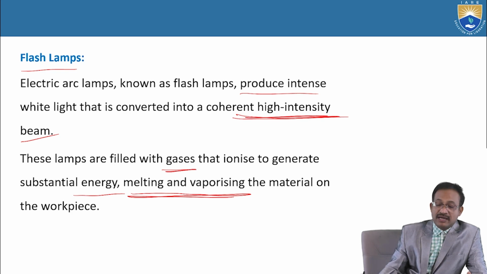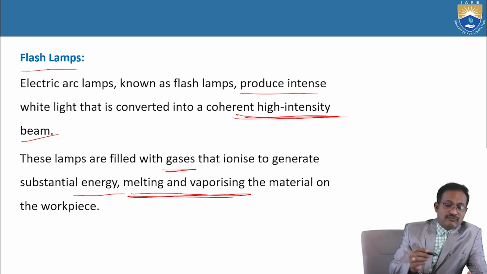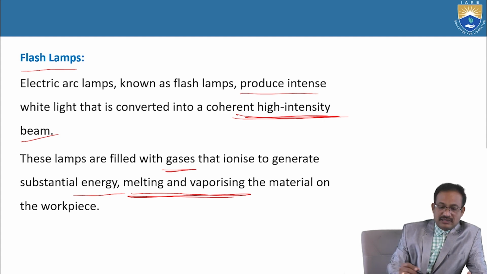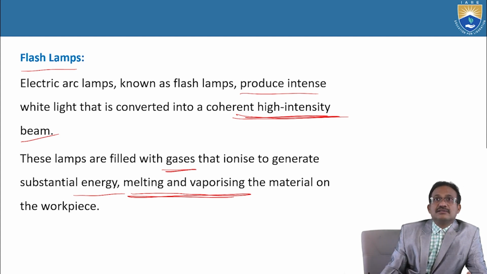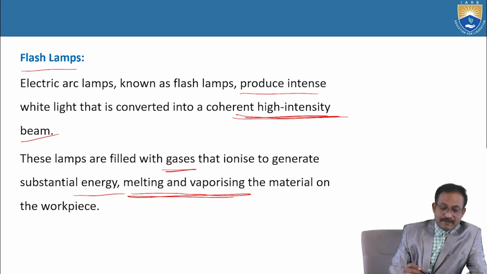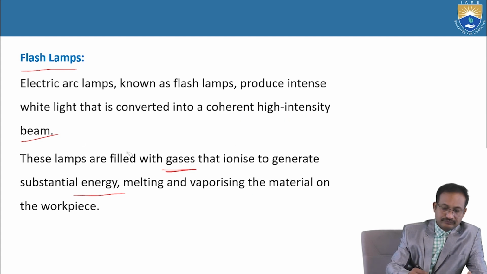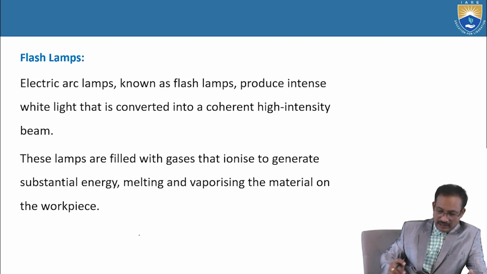Okay, so the high intensity beam is because of flash lamps, which are filled with gases that ionize, generating substantial energy that causes melting and vaporizing the material on the workpiece.